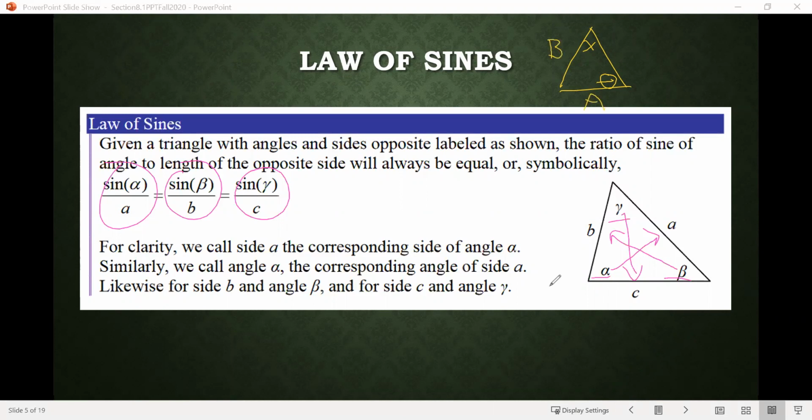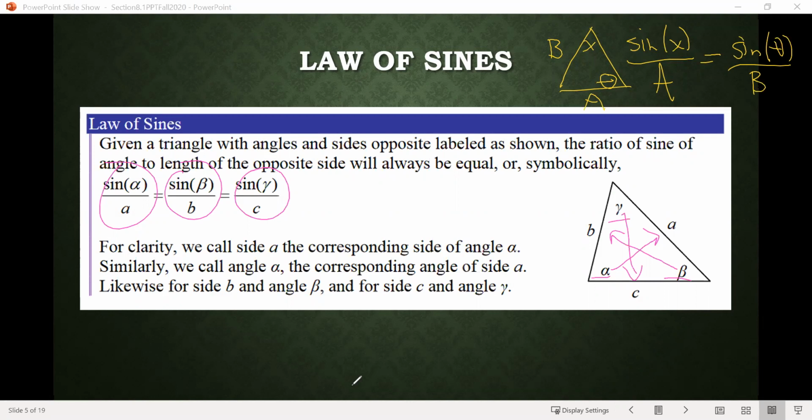Call that capital A and that capital B. Then the law of sines tells us, based on this, the sine of the angle x over the length of the side capital A should equal the sine of the angle theta over the side length of side capital B. So again, notice that the letters don't matter as much as the positioning between the angles and the lengths of the sides.